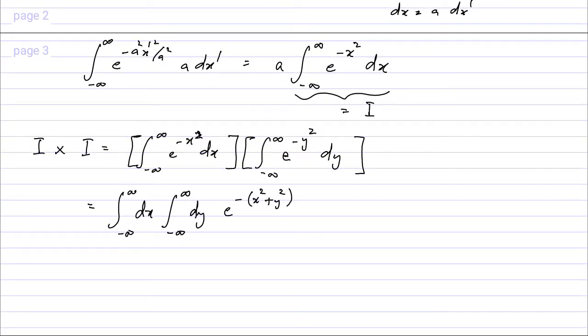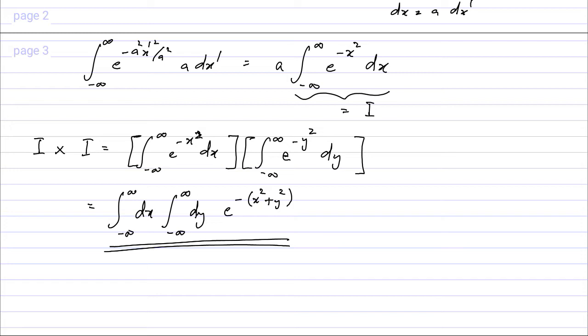I can do this integral now in polar coordinates, because x square plus y square in polar coordinates is simply r square. So the trick is that we don't know how to do I, but we know how to do I square.